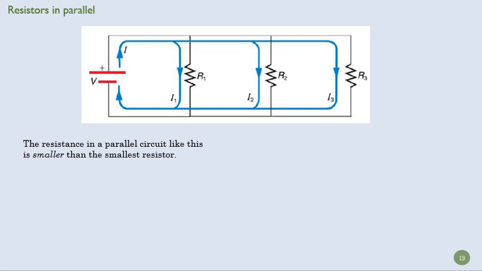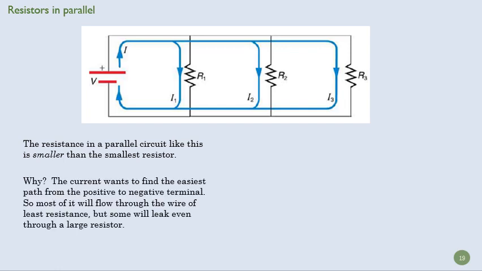Okay, so the resistance in a parallel circuit like this is also complicated because it's smaller than the smallest resistor. Now, that's weird, right? If I put resistors here, my overall resistance from here to here is going to be different, because that's what we want to find here too, an equivalent resistance. Why is that? Because the current's going to take the easiest path it can, right?